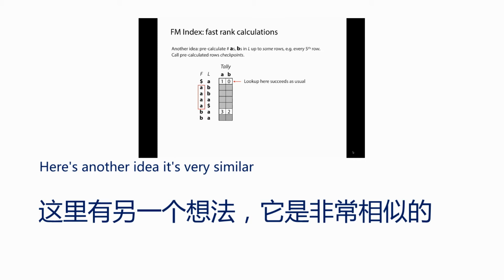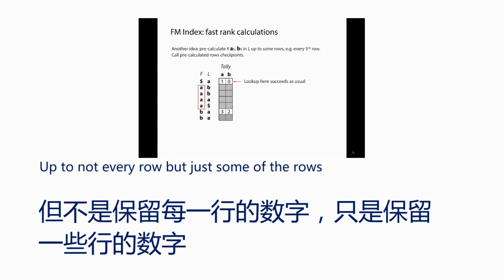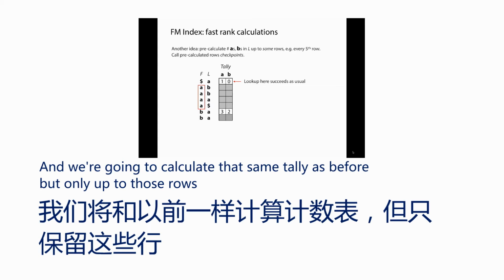Here's another idea. It's very similar. We're again going to pre-calculate the number of A's and B's, the number of occurrences of every character in our alphabet, up to not every row, but just some of the rows. We're going to pick some of them. Let's say we pick every 5th row, for example. And we're going to calculate that same tally as before, but only up to those rows, right?